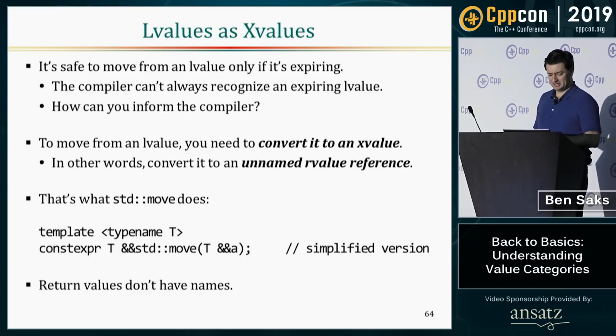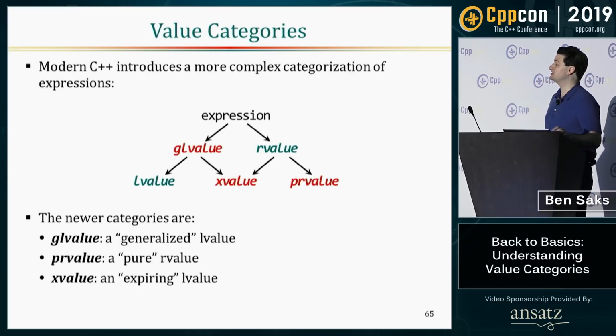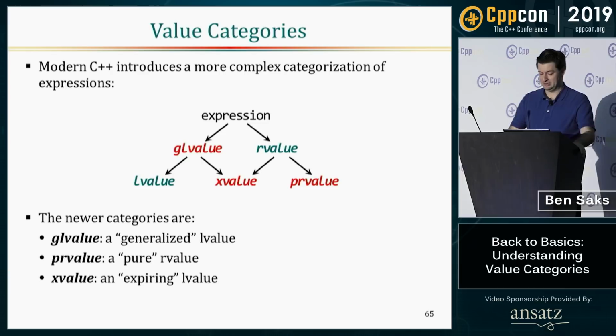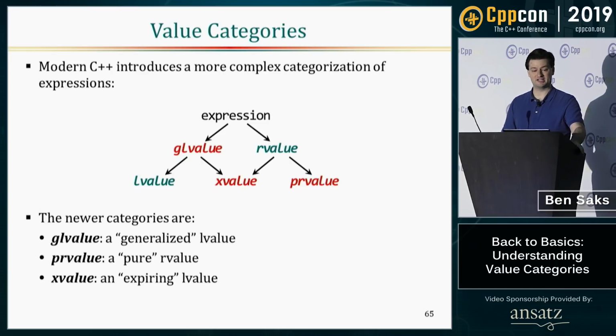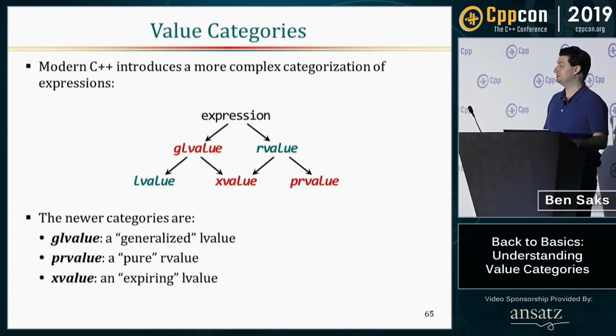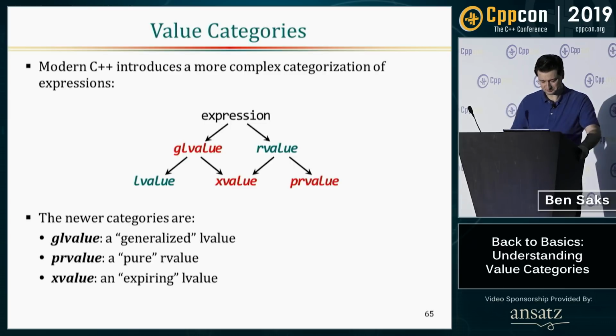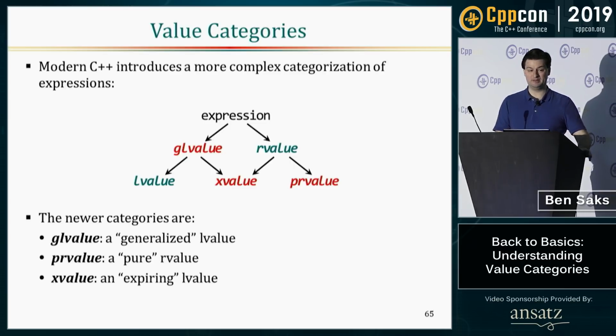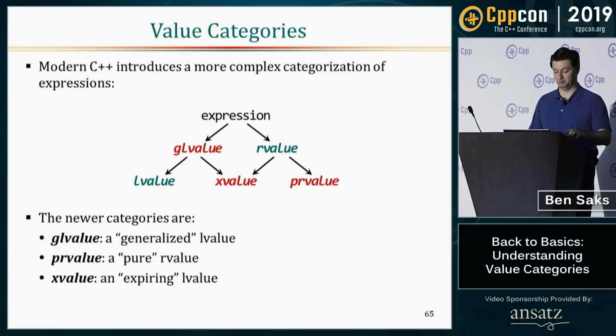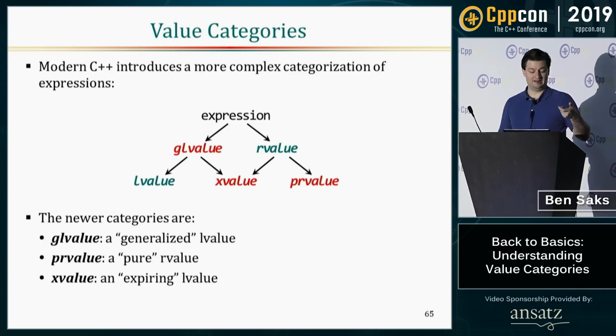But this term xvalue is mainly there for compiler writers to describe this slightly in-between state that objects can be in. So the actual way that it's described in the standard looks like this: there are expressions, and expressions break down into two categories. There are rvalues and generalized lvalues, glvalues. And what I've usually been calling an lvalue up to this point is one kind of glvalue. An lvalue only behaves like an lvalue.